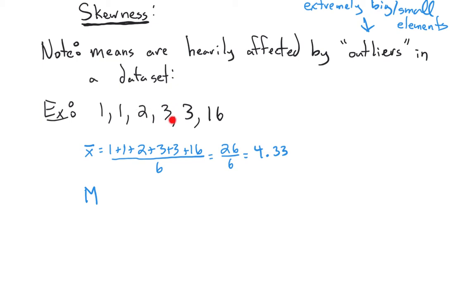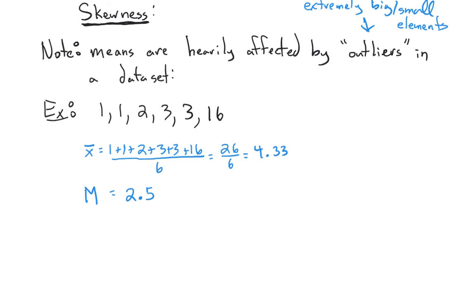We're going to take the average of the second and third data points, there in the middle. So this is the average of 2 and 3, which you can check is 2.5. Remember, median just has to do with the order of elements in a data set, not the actual sizes. So median isn't affected as much, or really at all, by really large or really small elements of a data set.